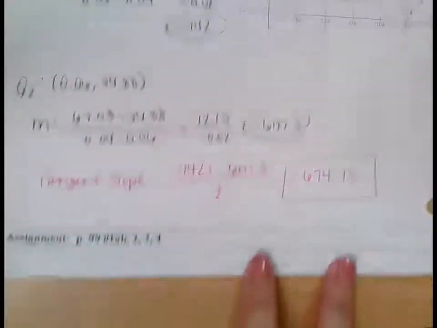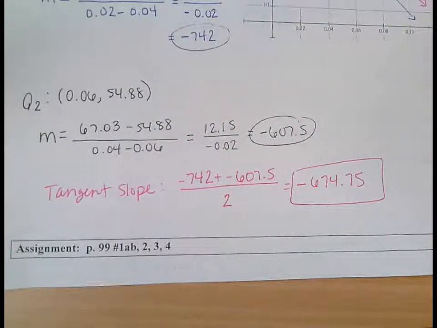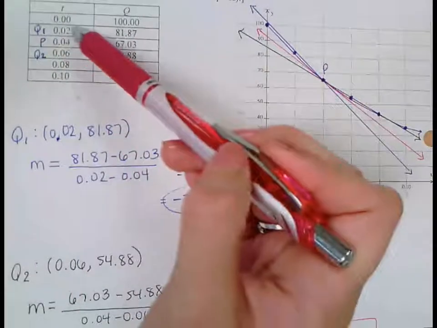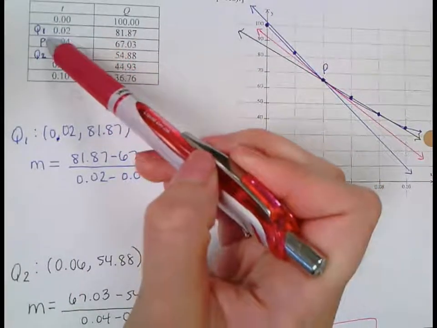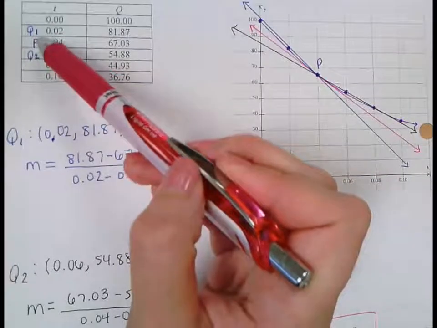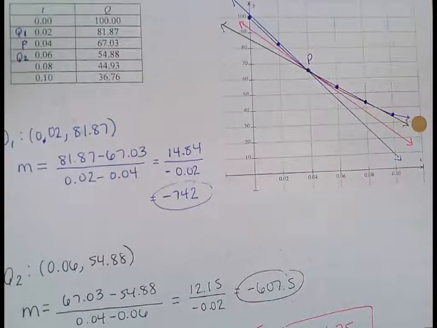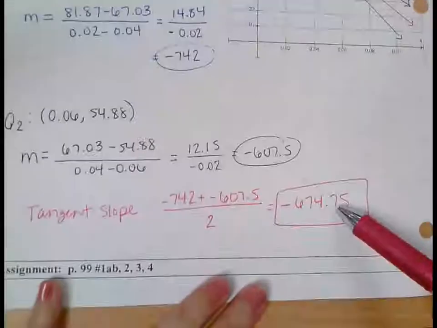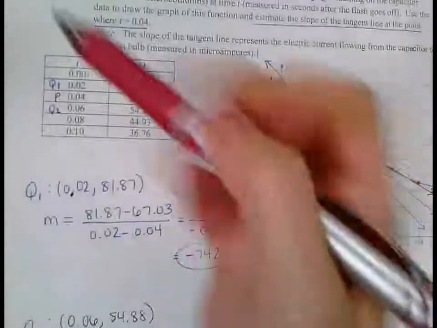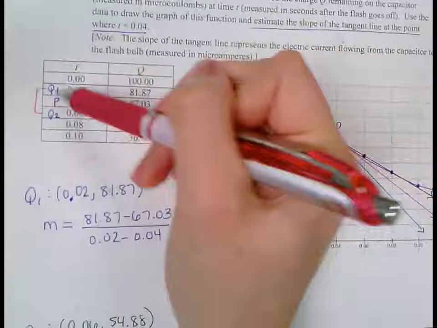One thing that you might also want to jot down, there's another way to find this exact same value in one step versus 3. So rather than find the slope between, say, Q1 and P, and then Q2 and P, and then average them, you would get this same value if you just found the slope between Q1 and Q2.